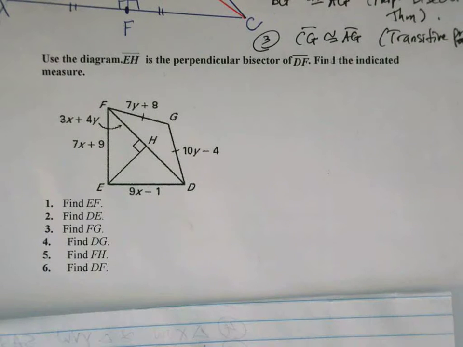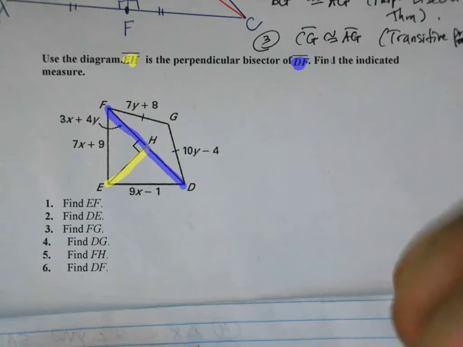So let's make sense of this a little bit. This is EH, and that is the perpendicular bisector of DF, from D to F. Well, if that is true, then a few things here we know.